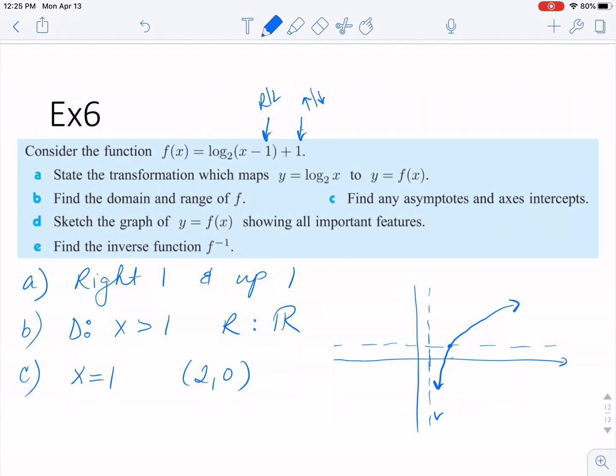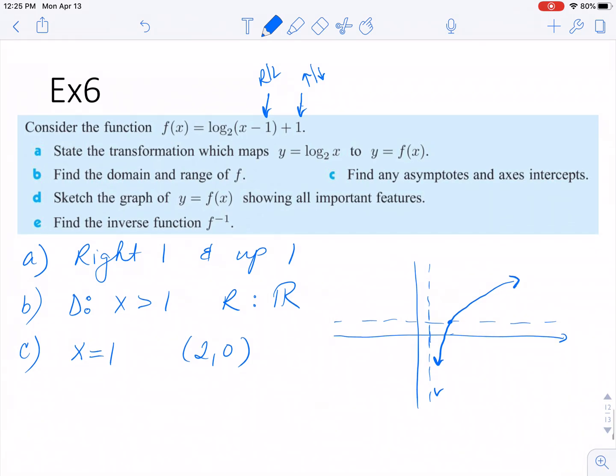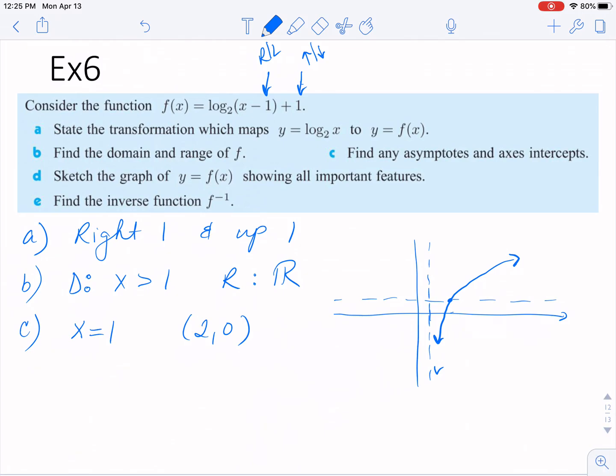Okay. The inverse function, that's the math piece. So I'm going to switch my x and y for letter E. So this is letter D. This is letter E. I'm going to switch my x and y, so that means x is equal to log base 2 of y minus 1 plus 1.